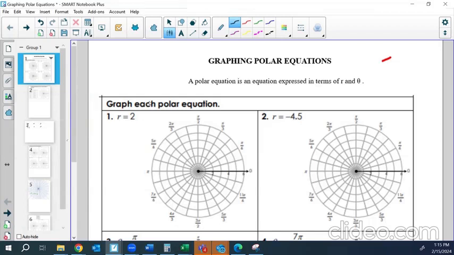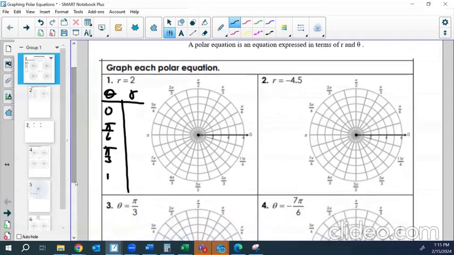Here we go. I'm going to make my t table. But in this case, I'm going to have my angle as my x, and r is your y. So here, it doesn't matter what the angle is. It could be 0, pi over 6, pi over 3, 7 pi over 6. It does not matter what the angle is. R is still going to be 2, 2, 2. So let's plot this now on the graph and see what it looks like.